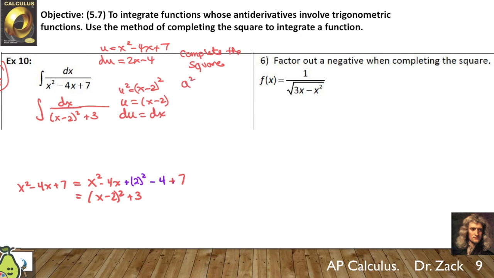A squared is going to be equal to 3, so a is the square root of 3. Substitute, we have 1 over u squared plus your a squared du. And of course you know that that's going to be the arctan, so 1 over root 3 arctangent of your u value, which is x minus 2 over the square root of 3 plus c.